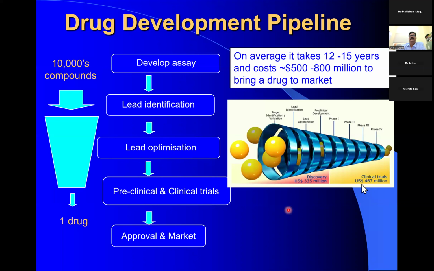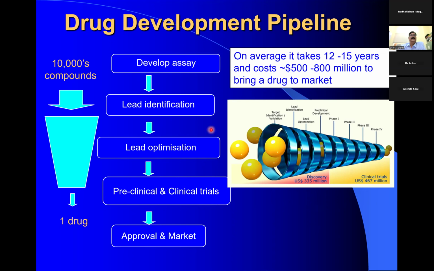So the process of finding and developing a new drug is very lengthy and of course very expensive. It's a very costly affair. So people put a lot of money, and the chances of getting a molecule like a drug are very less. But if they come up with the molecule, they become billionaires.